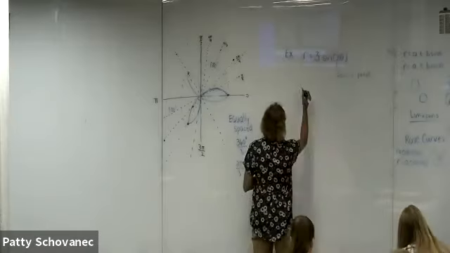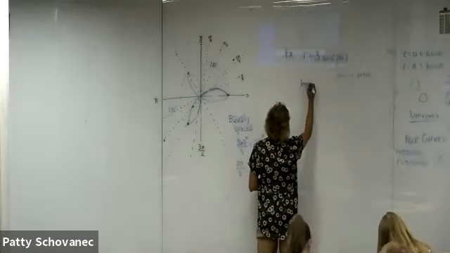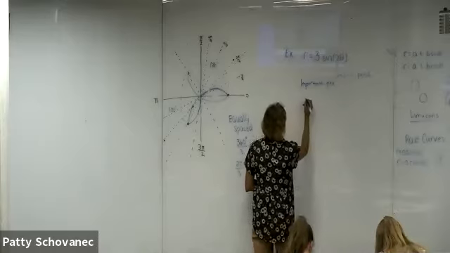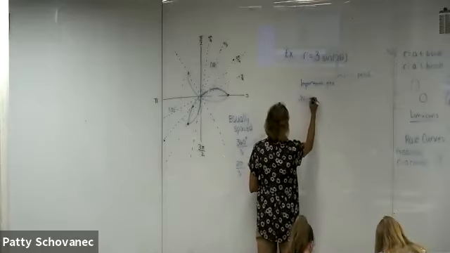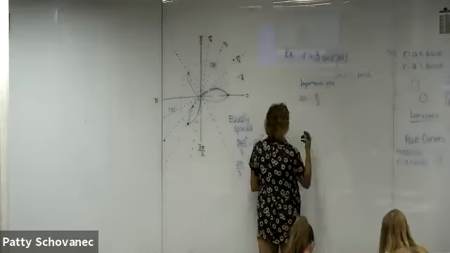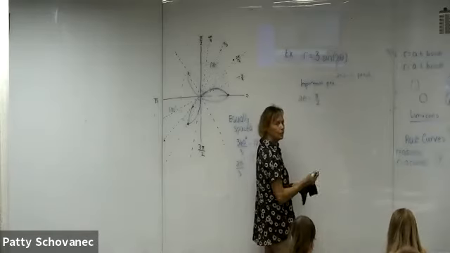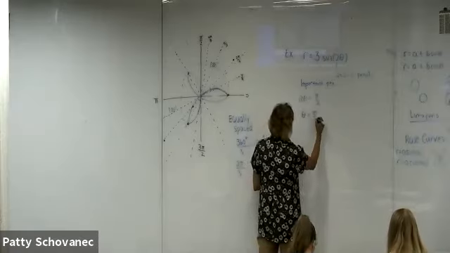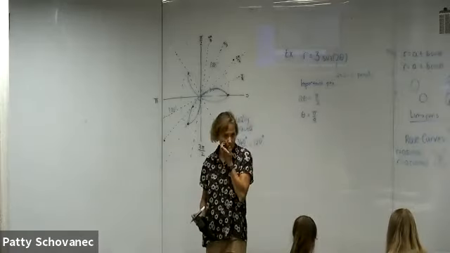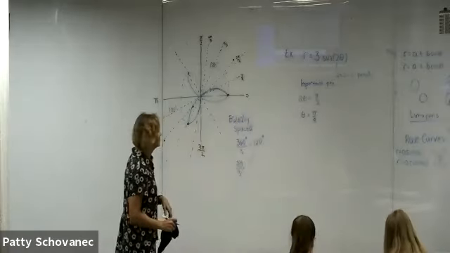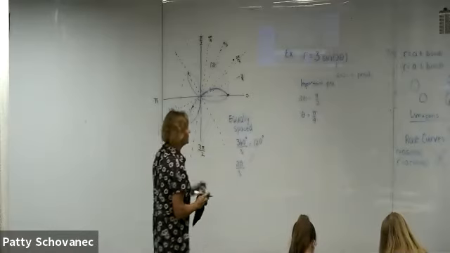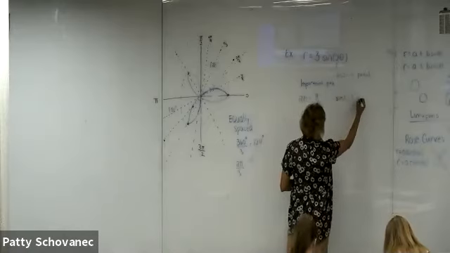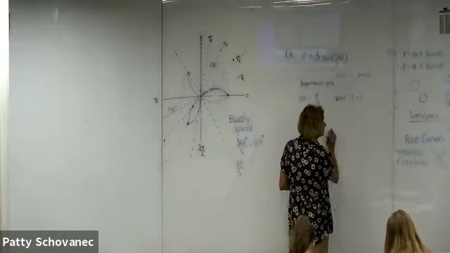So the peaks of my petals are where 2 theta is pi over 2, 3 pi over 2, and so on, or where theta is pi over 4s. That's where I hit the tips of my petals. That's where the sine of that is going to be 1.